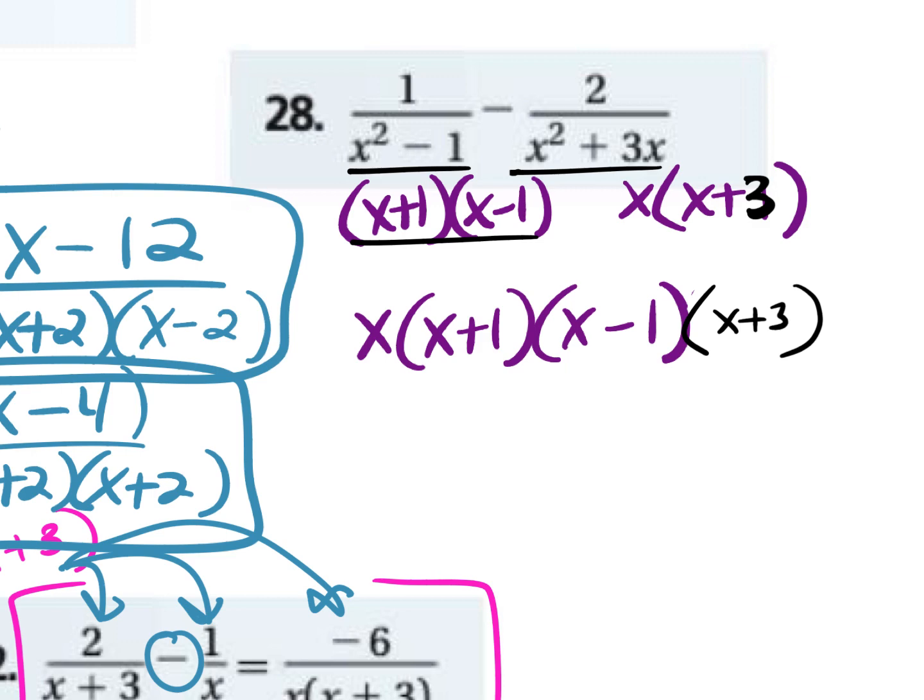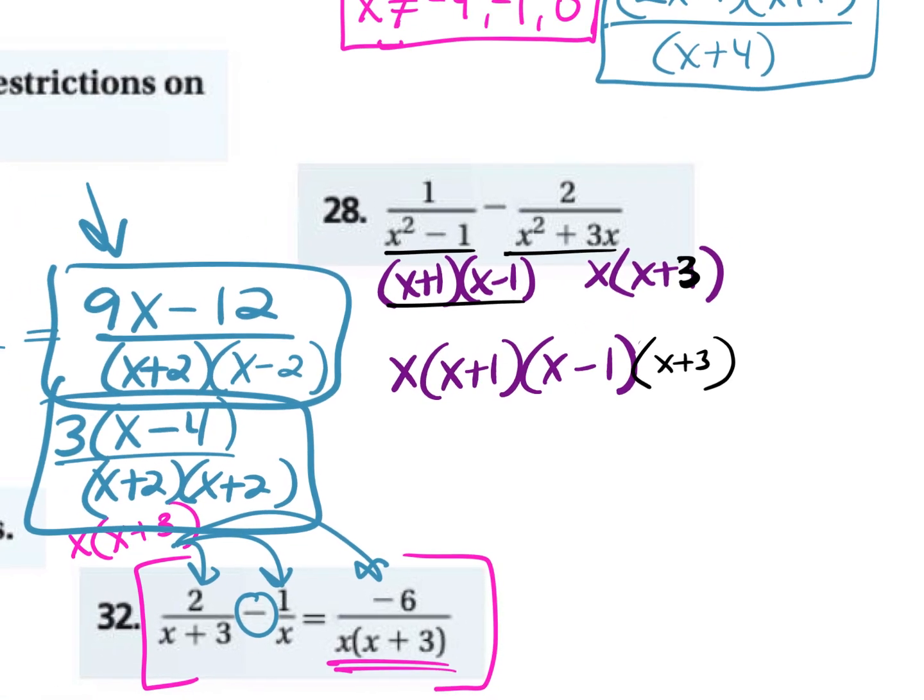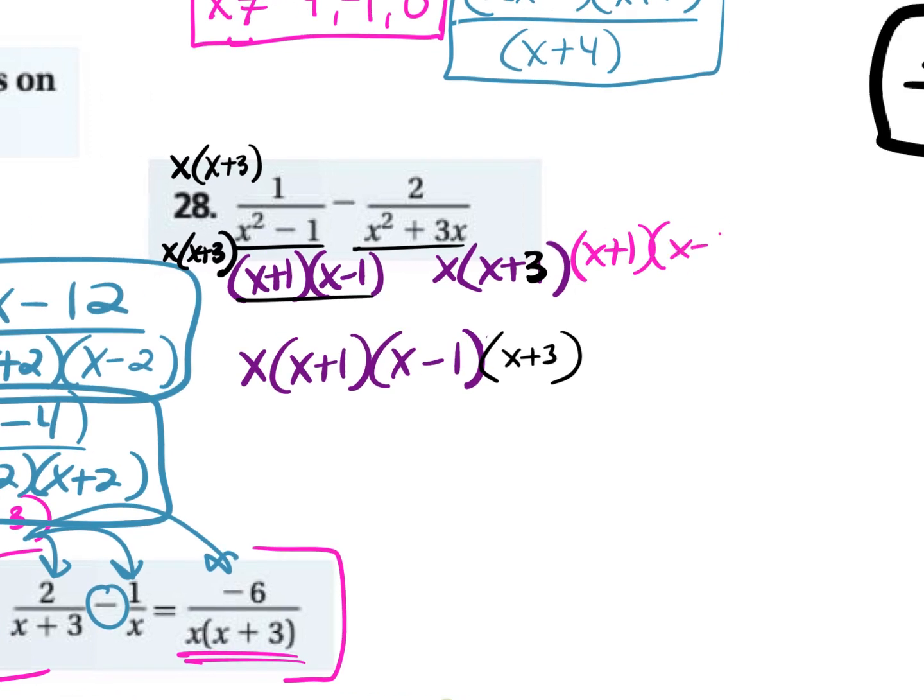That's hideous. But what you're going to do then is to make that the common denominator, you would have to multiply by x times x plus 3 on the left. And then on the right, you would have to multiply by x plus 1, x minus 1 on top and bottom.